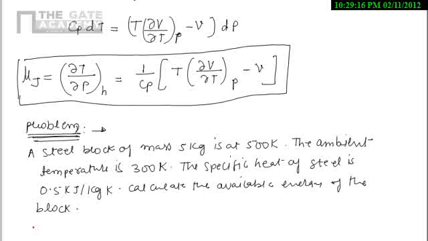So now let's solve the problem. Here the steel block of mass 5 kg at 500 Kelvin is given. The ambient temperature is given as 300 Kelvin and the specific heat of steel is given as 0.5 kilojoule per kg Kelvin. Now we have to find out the available energy of the block.